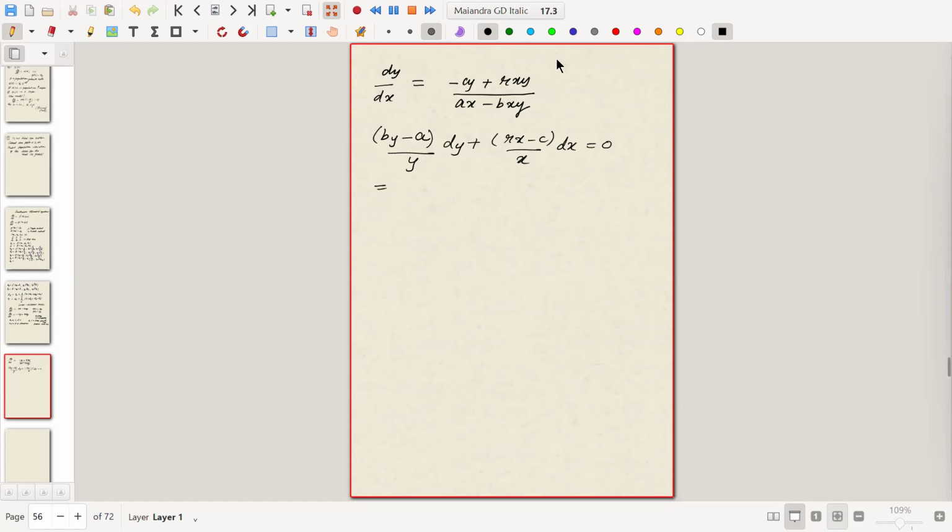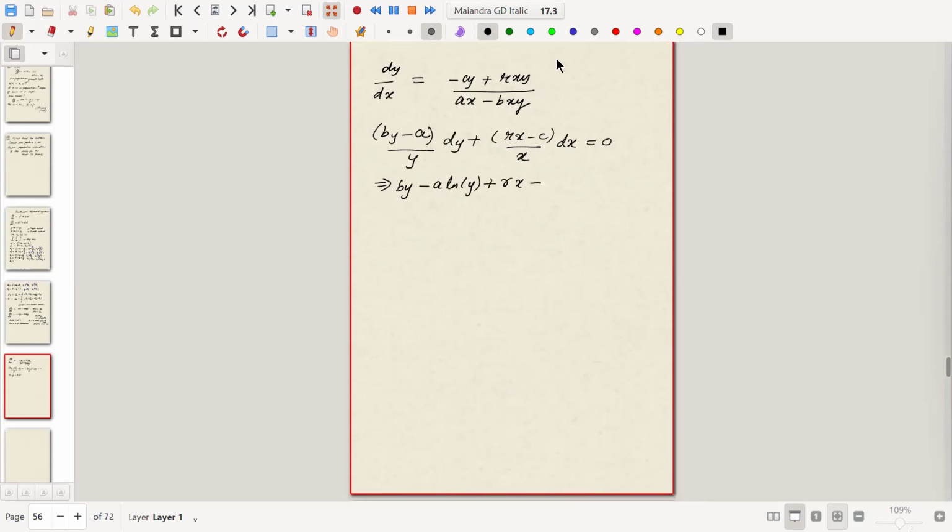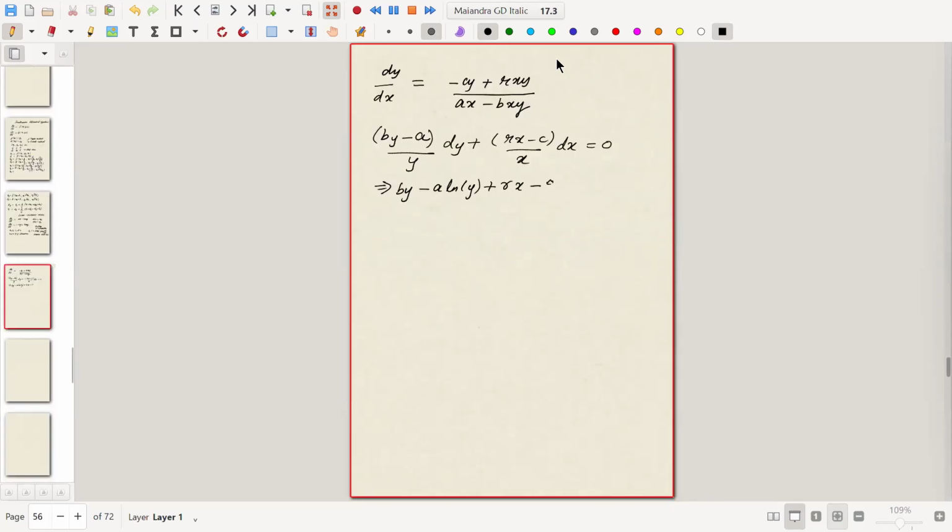If you see my notes, it is written like this. Check it again. If you put x naught and y naught, it is obvious that there is no closed form of this.